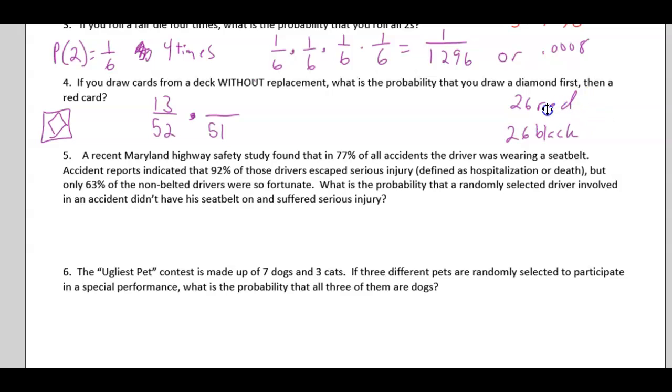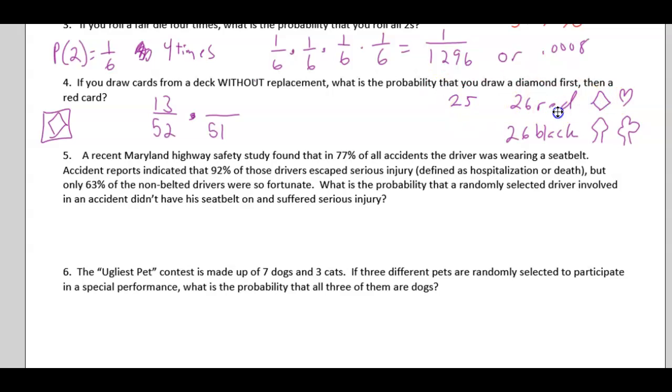The red cards are diamonds and hearts, and the black cards are spades and clubs. I already pulled out a diamond, so this 26 has been reduced now to 25 cards.